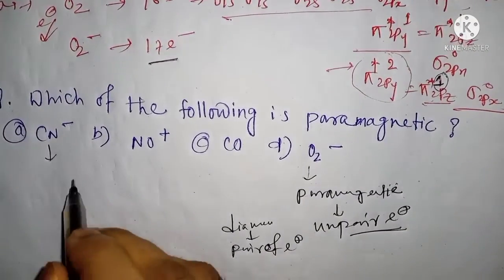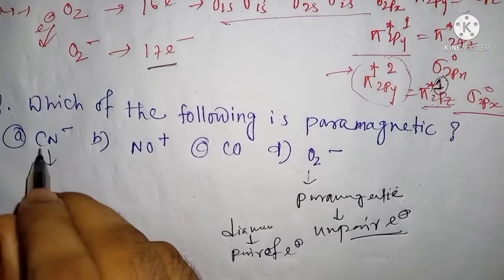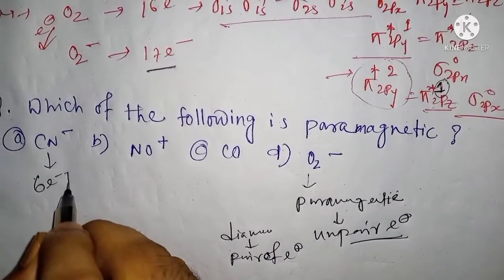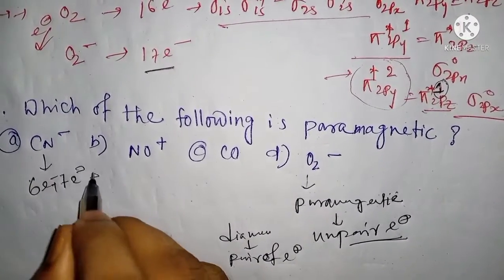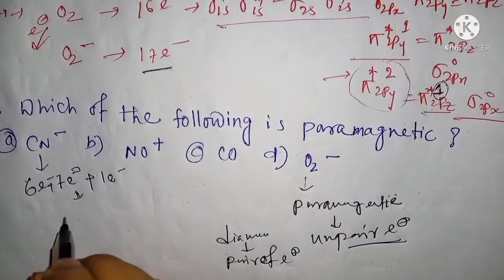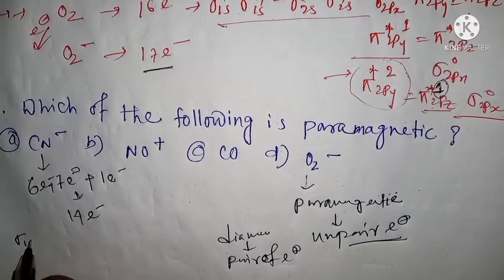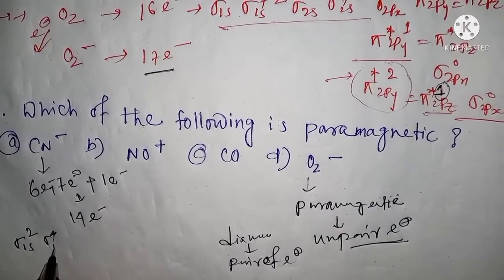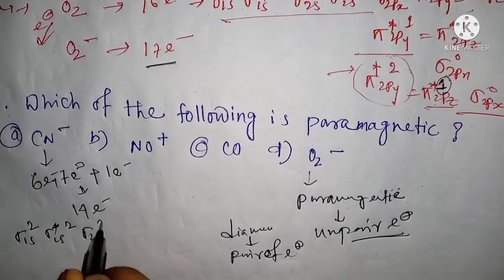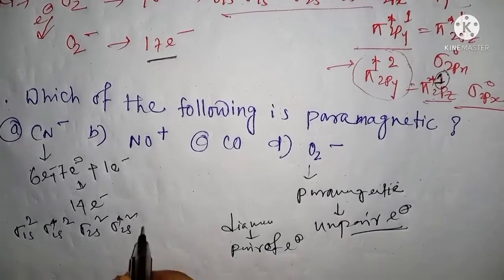Now in case of CN-, carbon has 6 electrons and nitrogen has 7 electrons, and one negative charge means 1 electron added. So total 14 electrons. So first σ1s2, σ*1s2, σ2s2, σ*2s2.